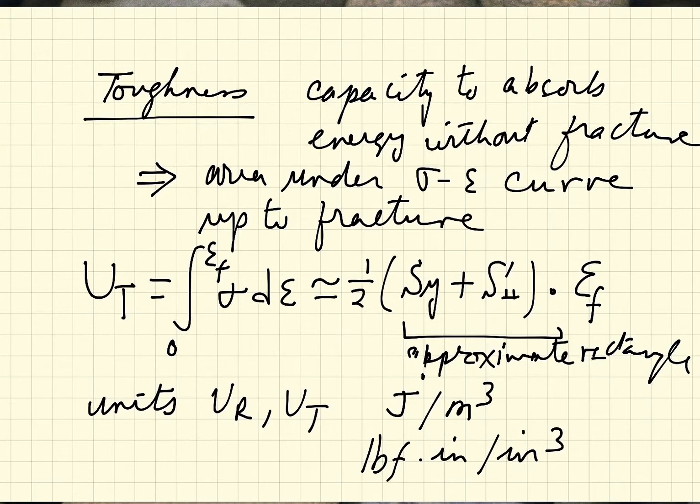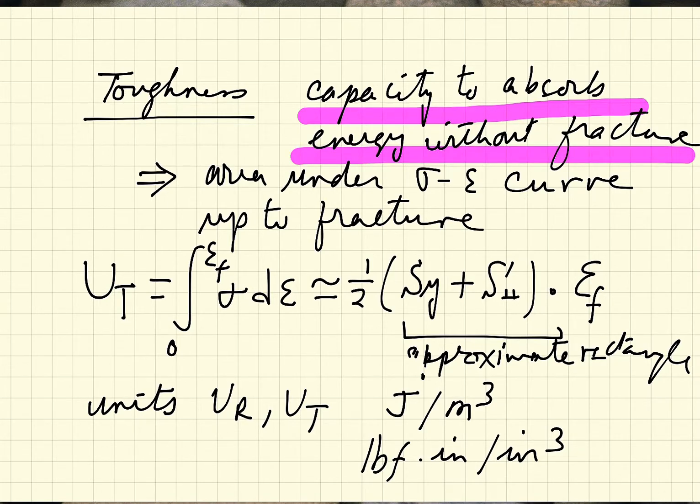Same idea, we can apply it for toughness, and toughness is defined here as the capacity of the material to absorb energy without fracture. That's the toughness, which is again the area under the sigma epsilon curve up to fracture. So we can define U sub t, whose units are joules per meter cubed, as the integral from 0 to epsilon fracture of sigma d epsilon.